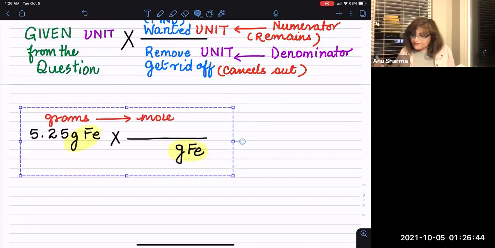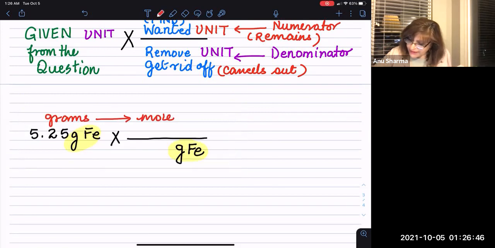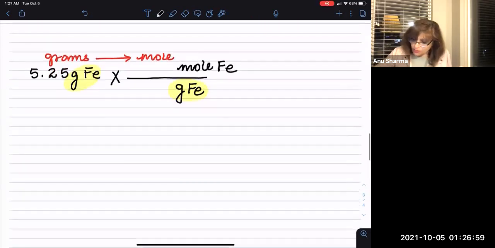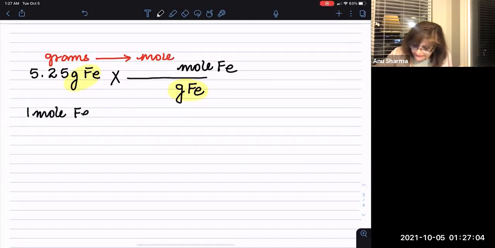So 5.25 grams of iron, and we want to get rid of grams, and the mole we want on the top. Mole of iron. So here we see that 1 mole of iron is equal to 56 grams.